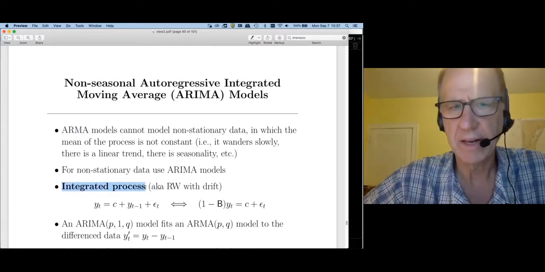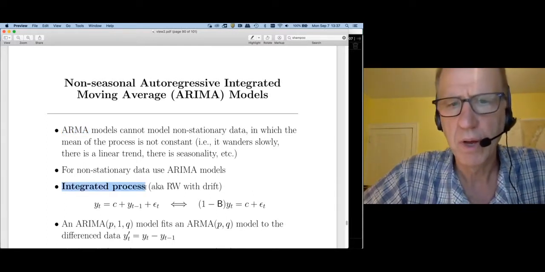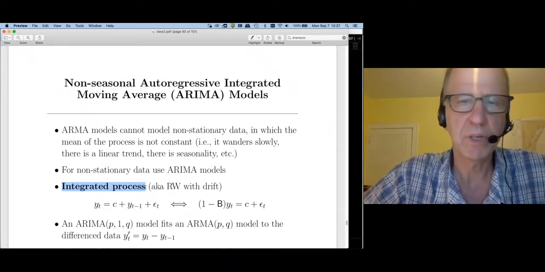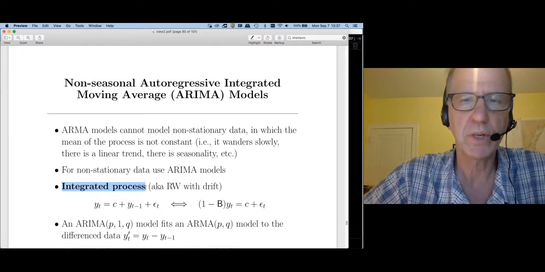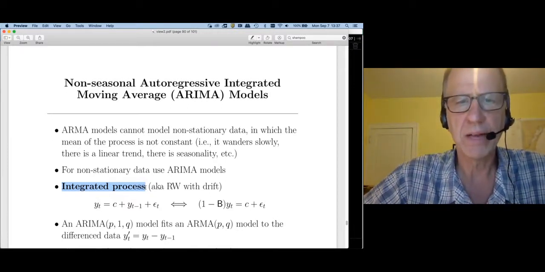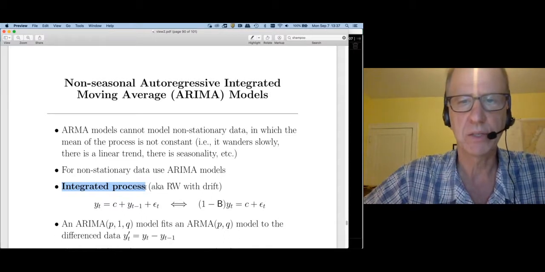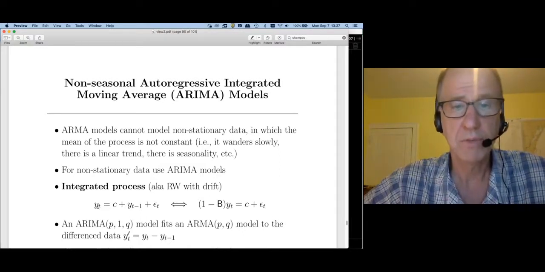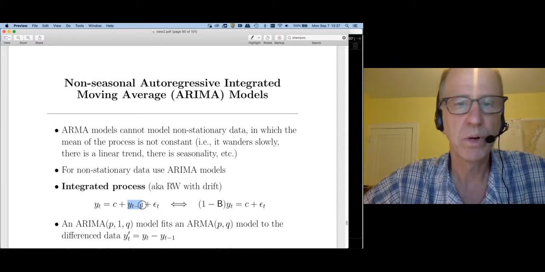Before we get into that, I'd like to define a new term, although this is really just another name for something we covered before. We talked about random walks with drift, and we're now going to call that an integrated process. It just says that my current observation is some drift constant plus where I was, plus some random error.